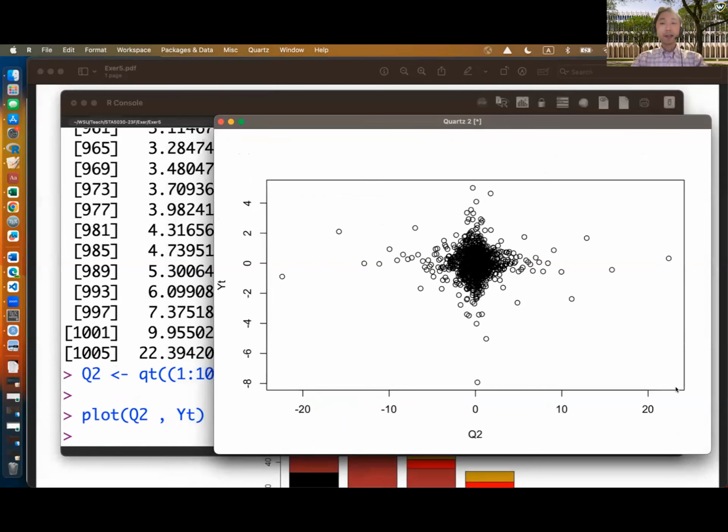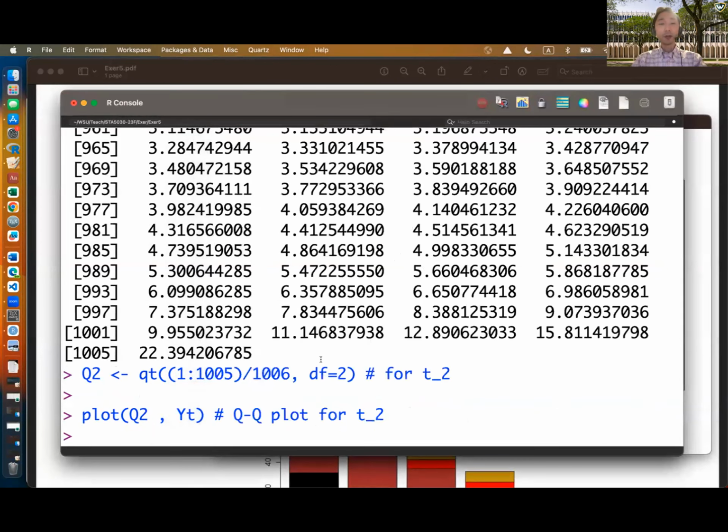The x-axis is theoretical and the y-axis is empirical, but we cannot really see any curve pattern because y sub t is not ordered. When we make a QQ plot, we have to align observations in increasing order, then compare with Q2. So we have to sort this.